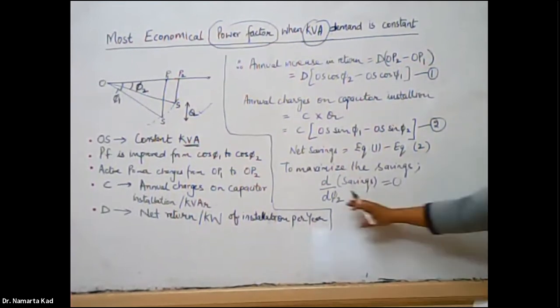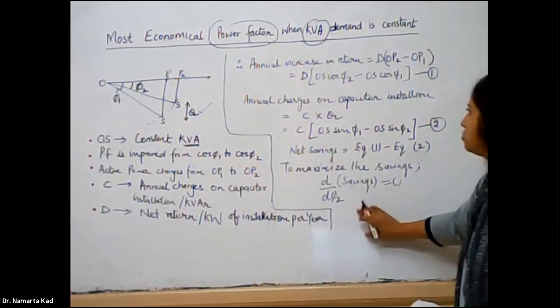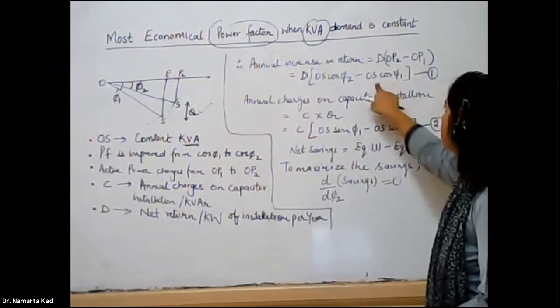When you differentiate with respect to phi 2, the component related to phi 1 becomes 0.